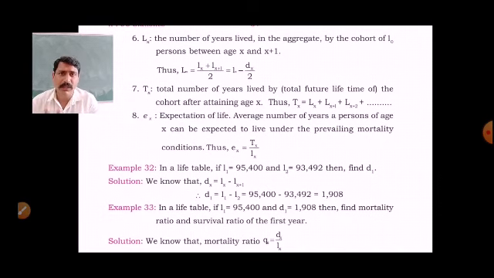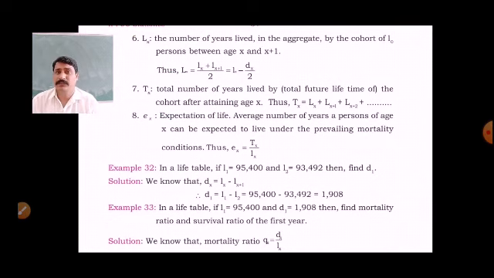So longevity tells about a newborn baby: the baby who took birth today will survive for how long. But expectation of life tells, if you take a person of any age, how long he will survive from today. It may be a newborn baby, a 10-year-old, or a 50-year-old adult.